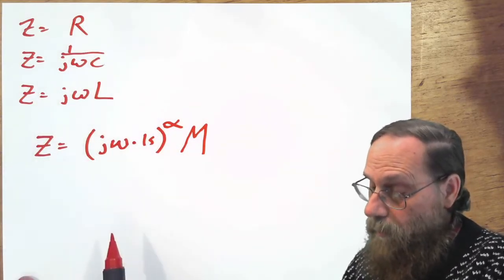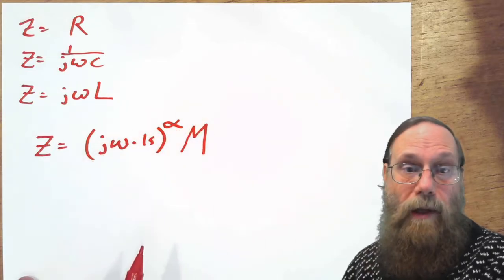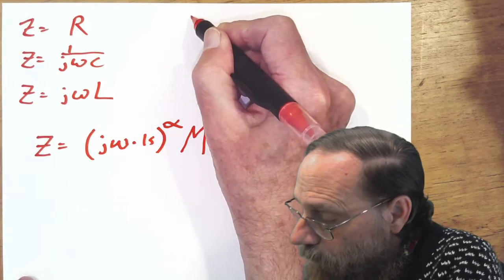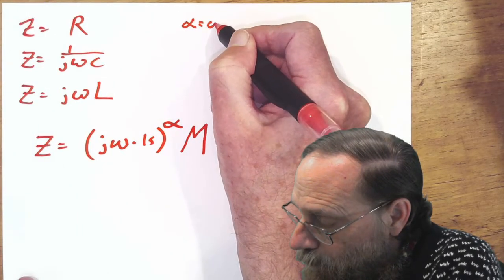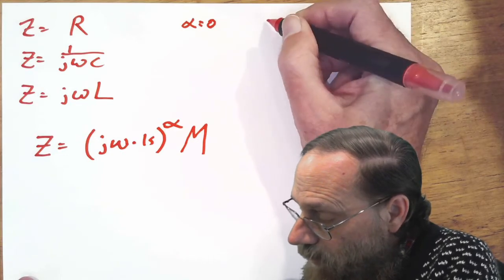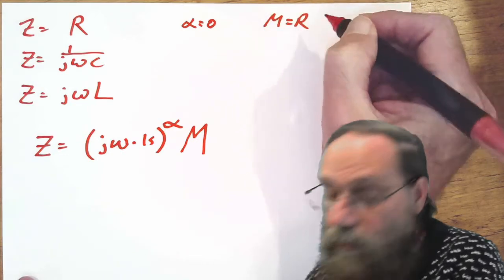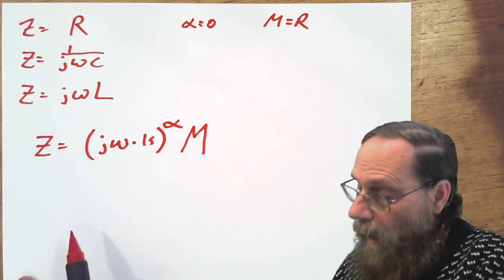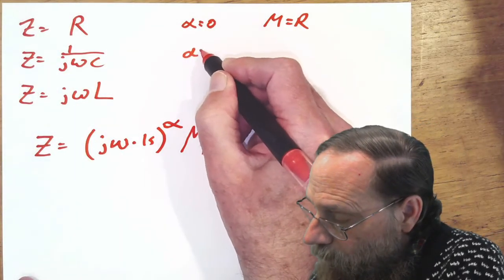For a resistor, I just need to get rid of this dependence on omega, so I set alpha equal to 0. And that just gives me Z equals M, which is the same thing as saying M is just the resistance. For capacitance, I can set alpha to -1.